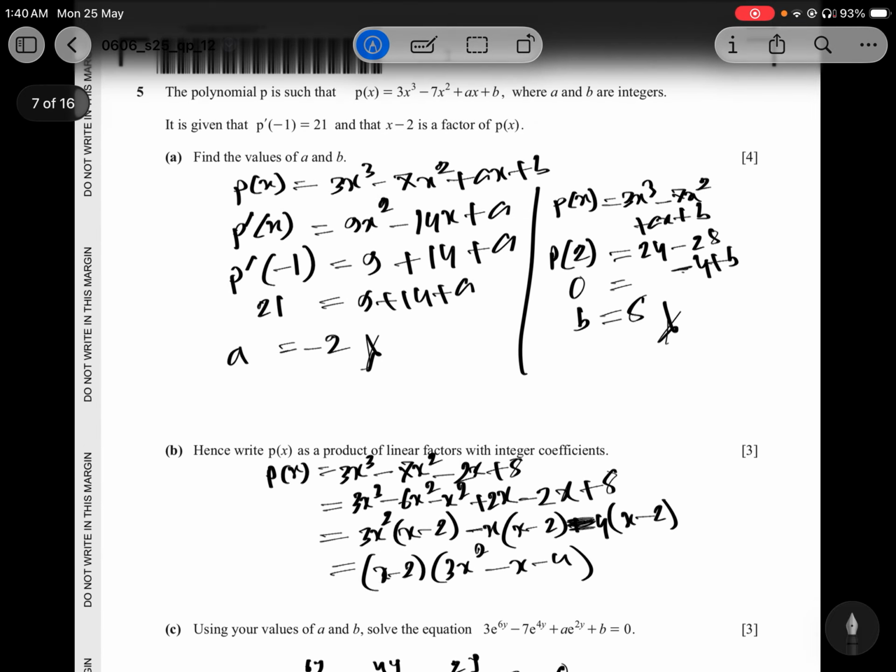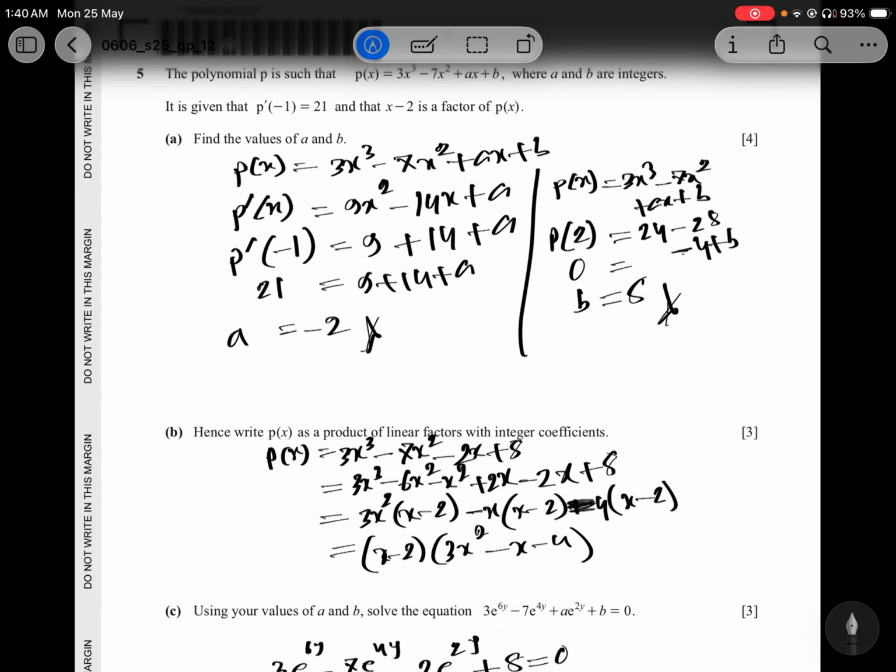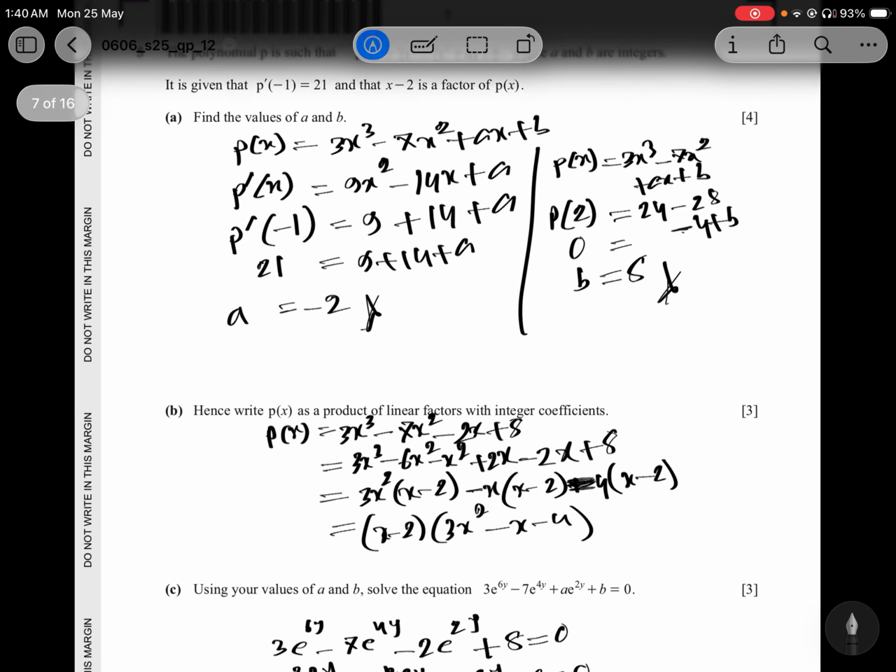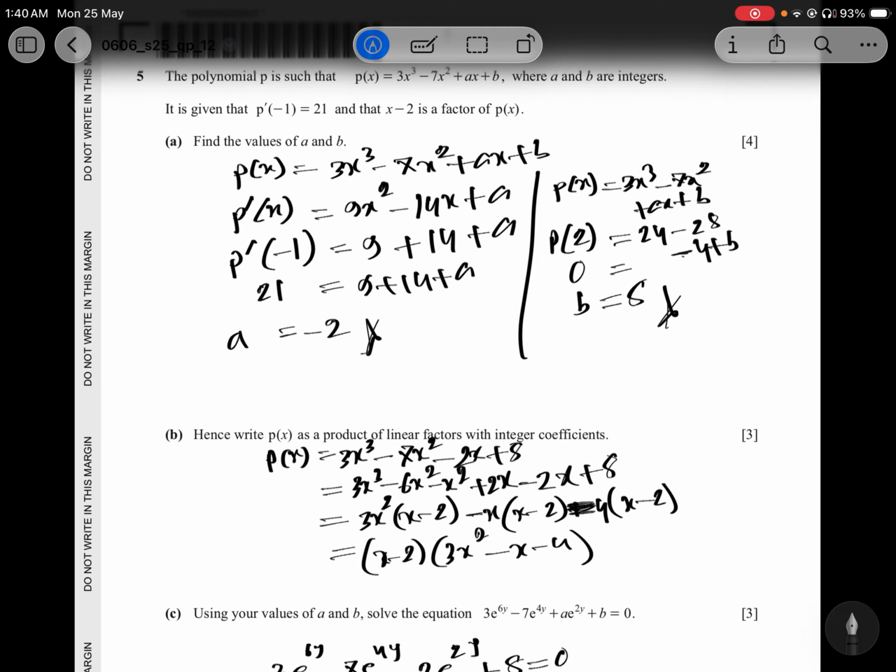Achha, this similarity between these, right? So only x is equal to e to the power 6y.